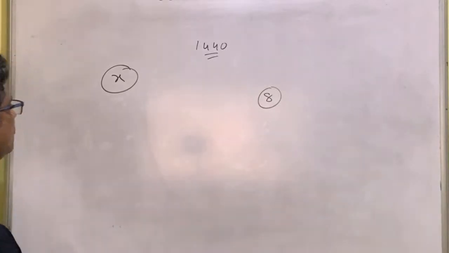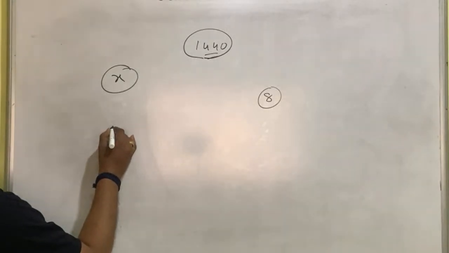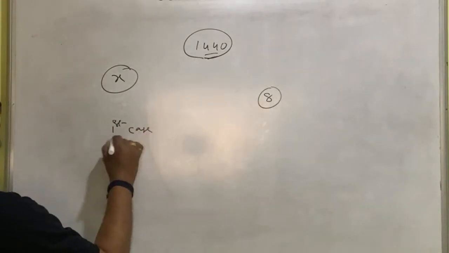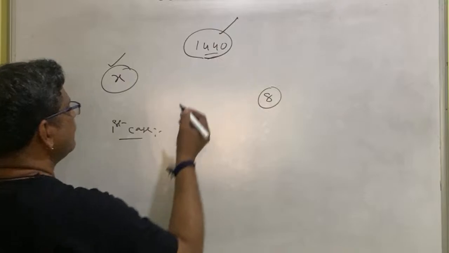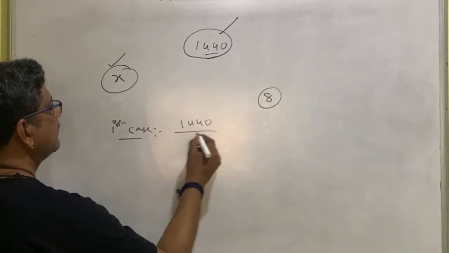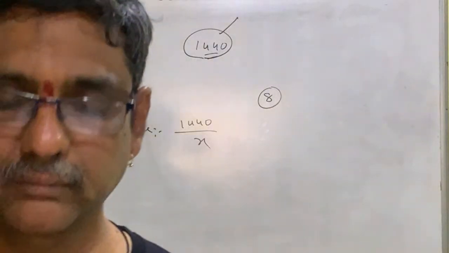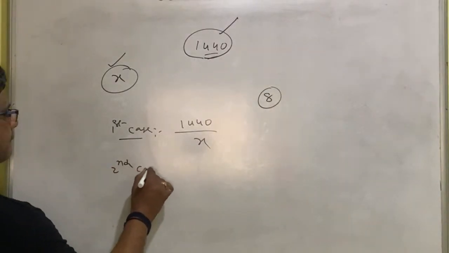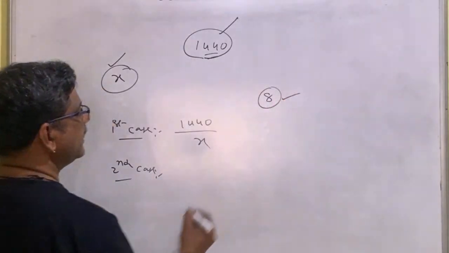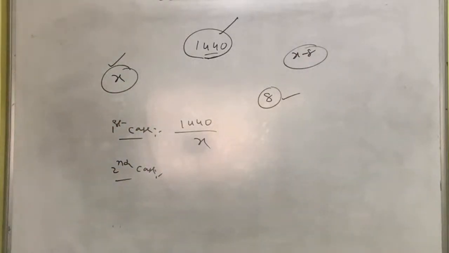Now, for the initially first case, for X students the total cost is 1440, then each has to bear 1440 by X. Next, second case: 8 were dropped, so the remaining is X minus 8.